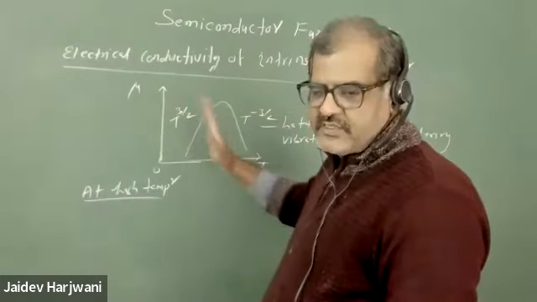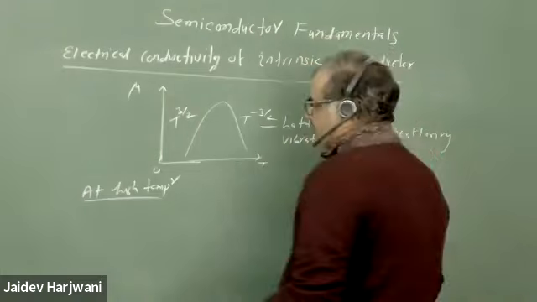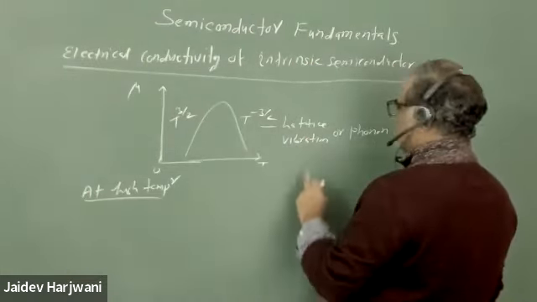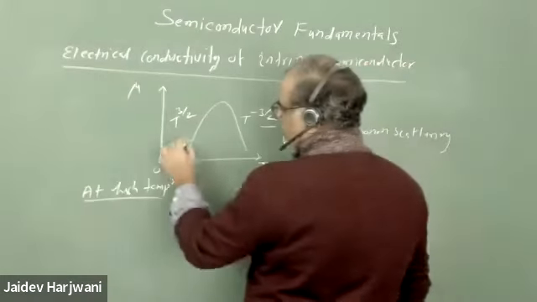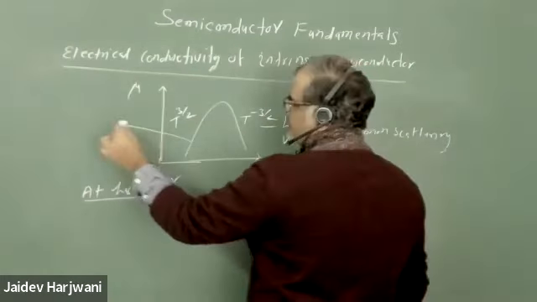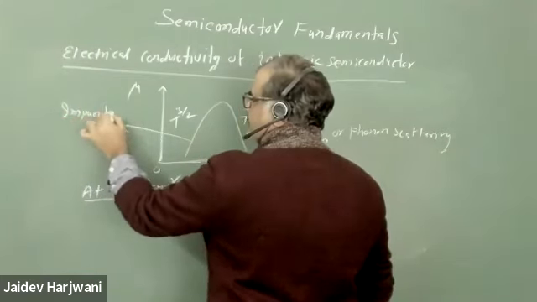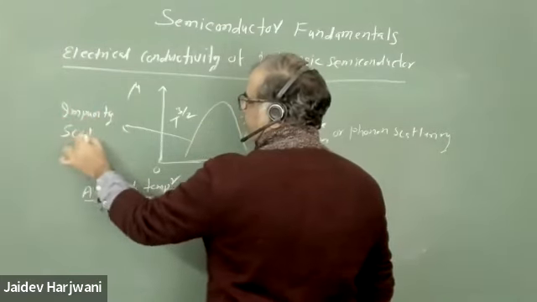So this low temperature part is not important for us, but we can also explain it. The high temperature decrease is because of lattice vibration, lattice scattering, and the lower part is because of impurity scattering.